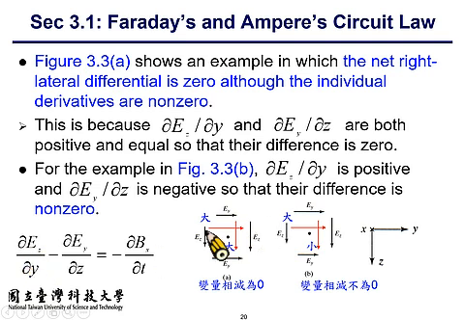As y is pointing to the right, you see EZ becomes larger and larger, so the first term will give you a positive number. The second term, del EY over del z, evaluates the difference of EY toward the z direction, and it's also a positive number because the magnitude of EY becomes larger.